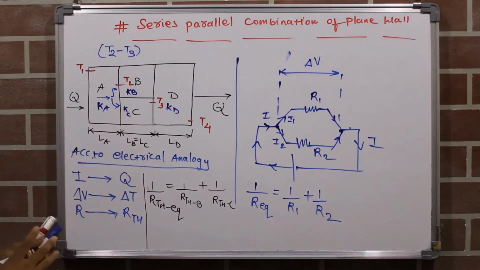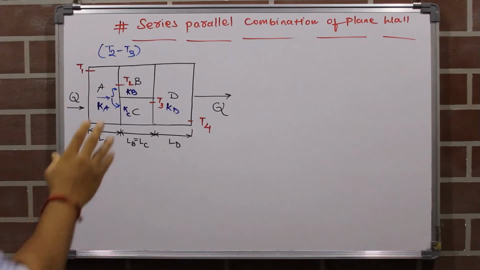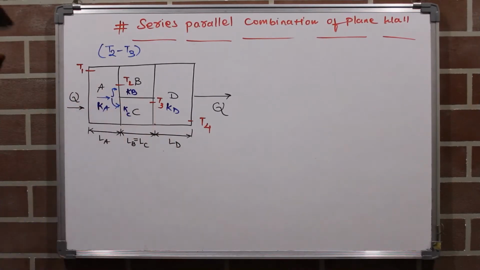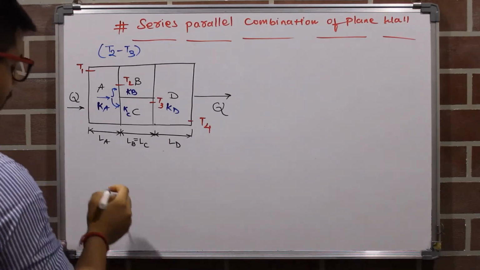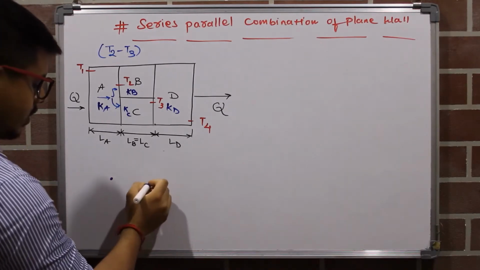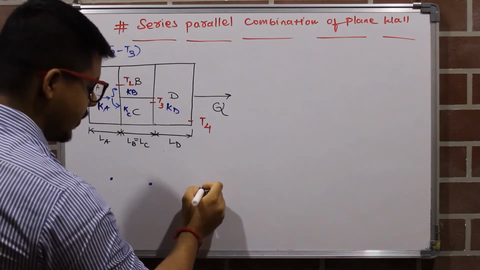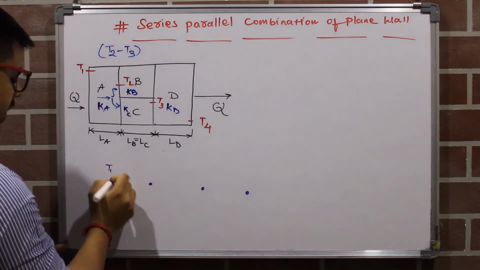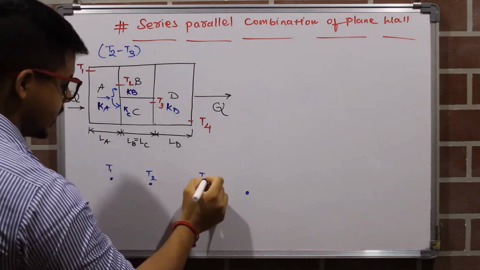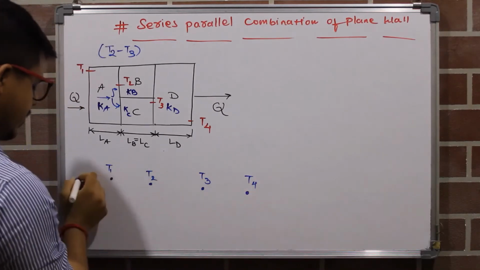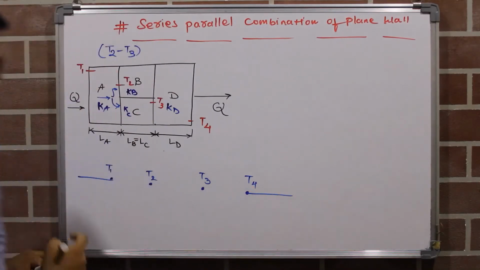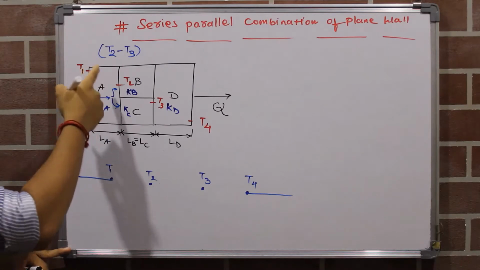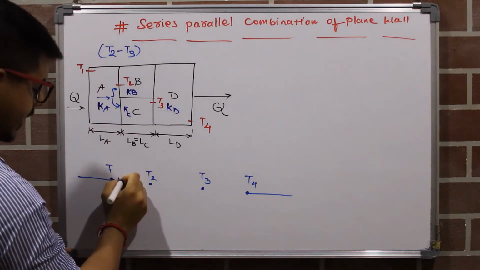Now we will see the thermal circuit. We have four temperatures, 1, 2, 3 and 4, so we will require four points. Let's say this is T1, this is T2, this is T3, this is T4. Between T1 and T2 we have wall A and its thermal resistance will be RTHA.